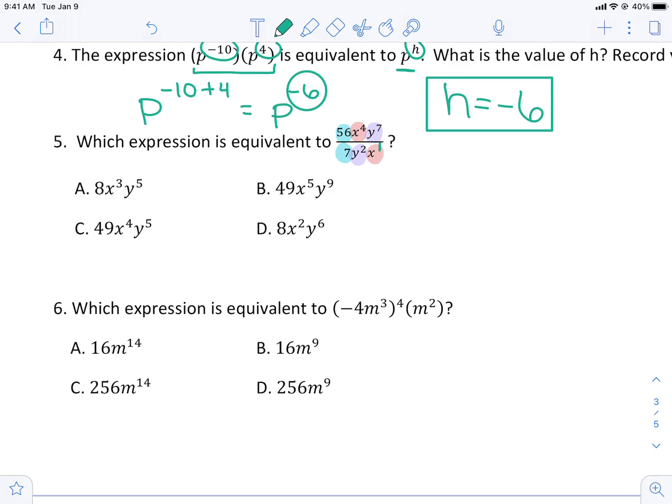So step 1, we divide the coefficients. Okay, so that is 56 divided by 7. That gives me 8. Step 2, I am going to subtract the exponents.